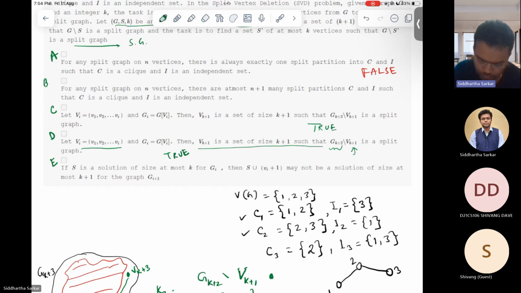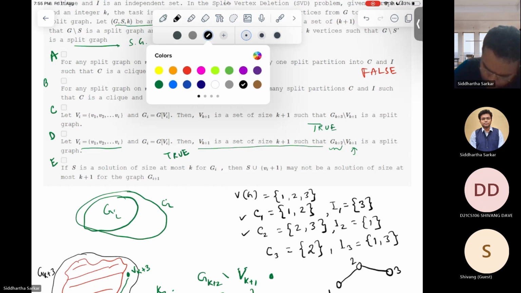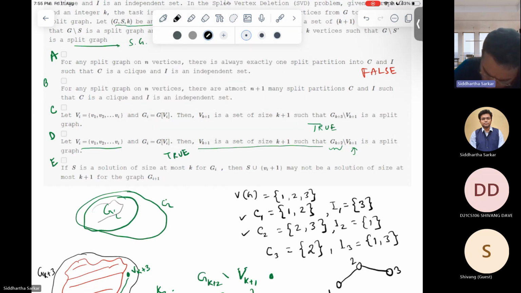So let's look at the fifth statement. It is saying that if you consider from the entire graph the first i vertices, so this is G_i, this is the entire graph G, and there is a solution of size at most K. So let us say this is the solution, the set inside of G_i, of size at most K, whose deletion makes the graph G_i a split graph.